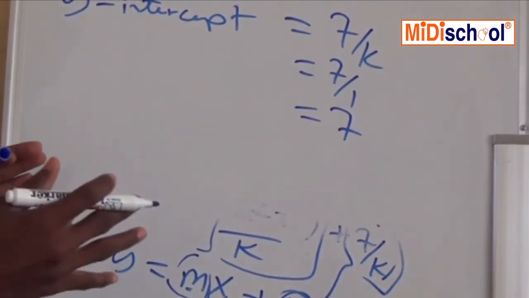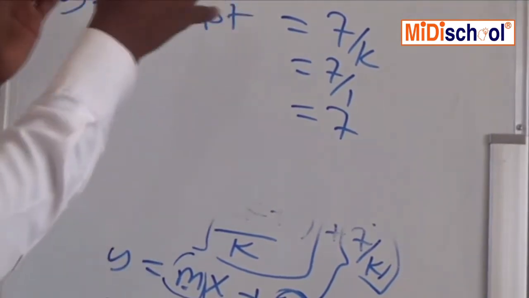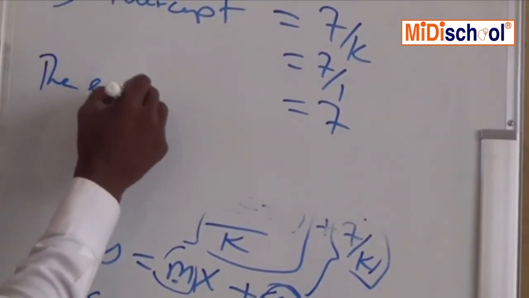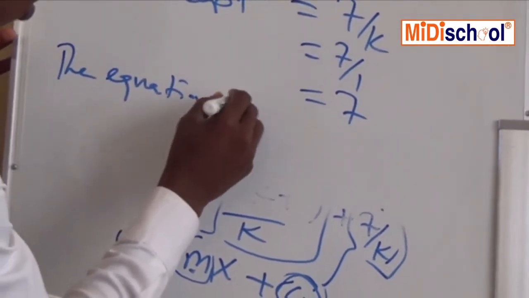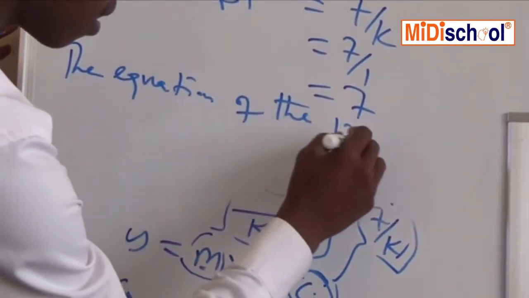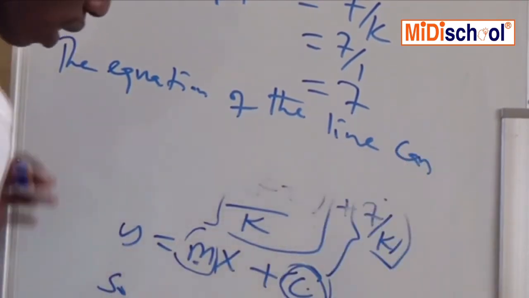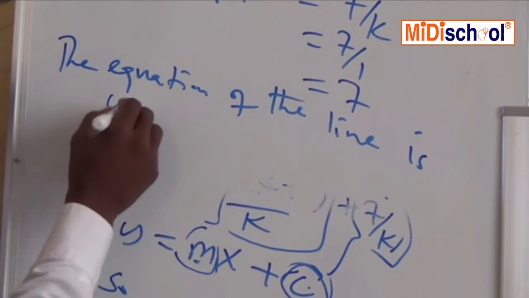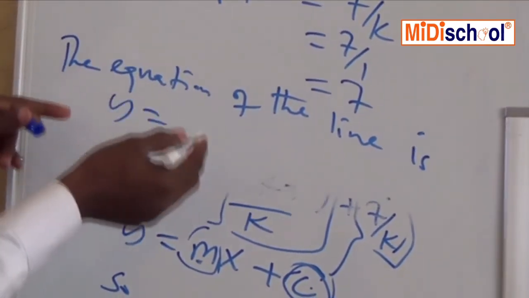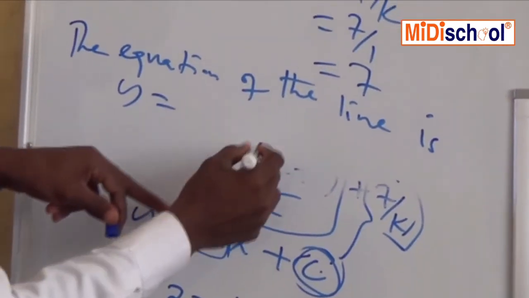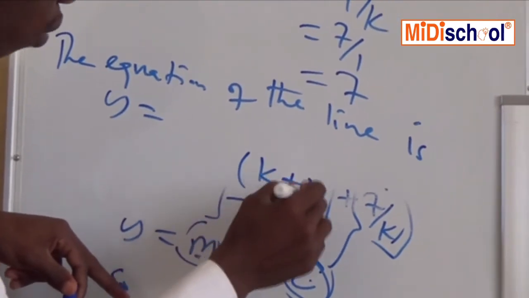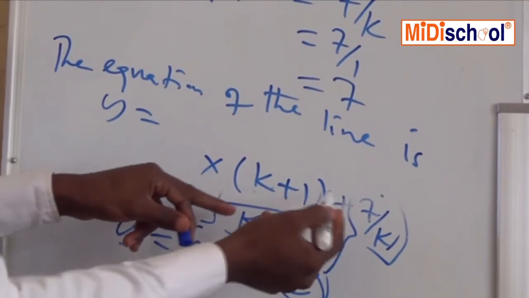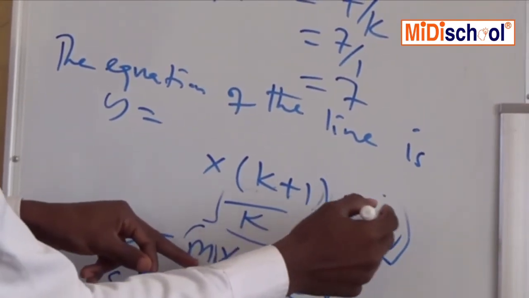So the equation of the line we can write as y is equal to, remember the equation, y is equal to x, k plus 1, plus 7 over k.